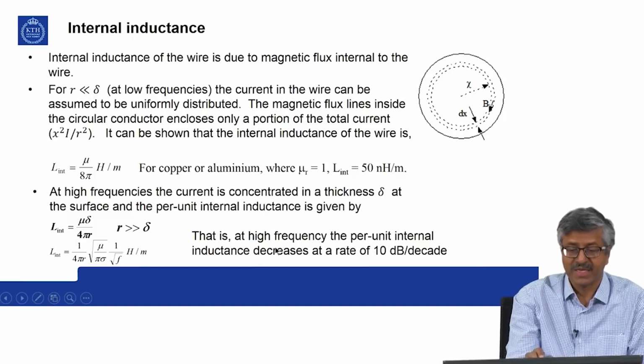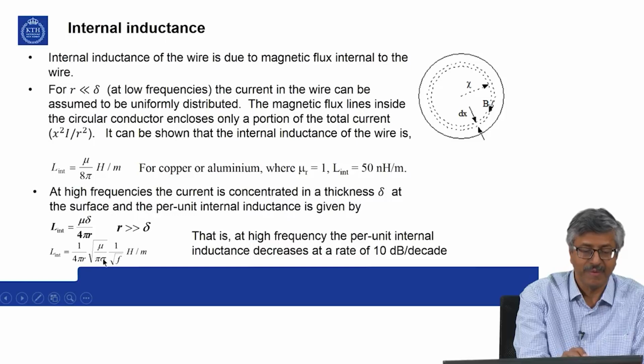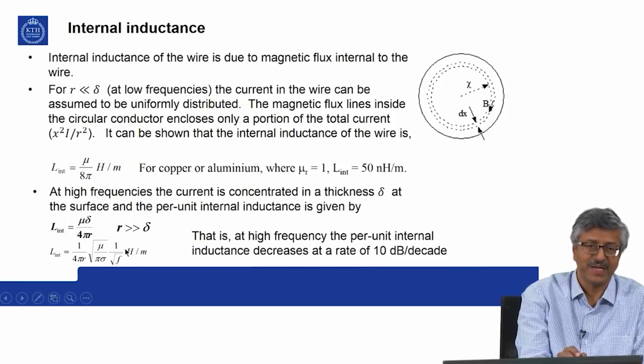So, you can say that at high frequency the per unit length internal inductance decreases at a rate of 10 dB per decade. In the previous class you have seen what dB means. If you take the log of this, this is 1 by root f, because even resistance or impedance you can express in terms of dB.